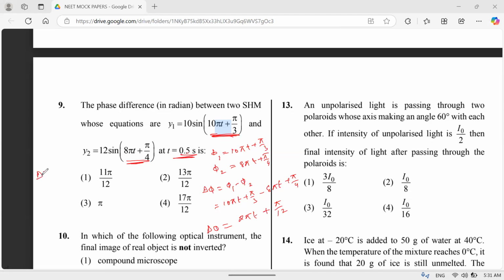So delta phi is 2 pi into 0.2, which is pi by 2 times... so this one and this one will get cancelled. So it is pi plus pi by 12. So you are getting 13 pi divided by 12. That will be the answer.